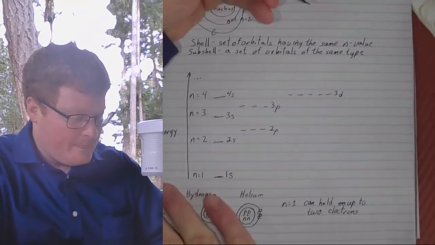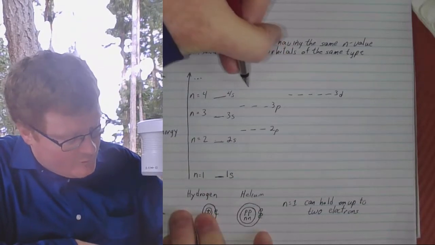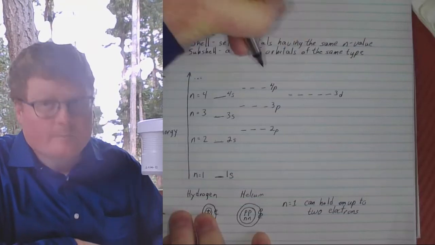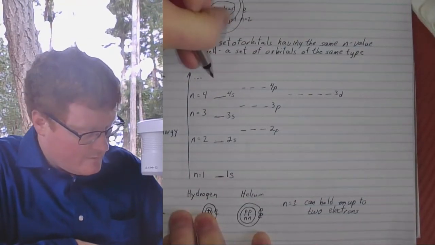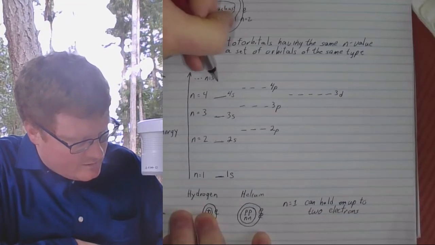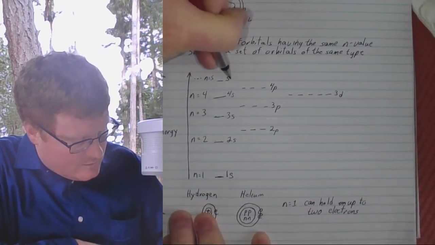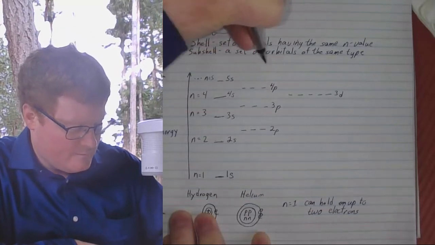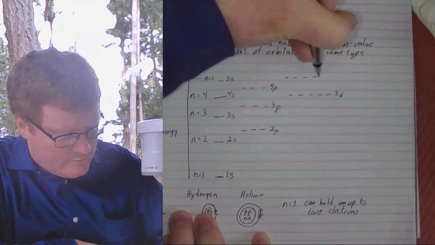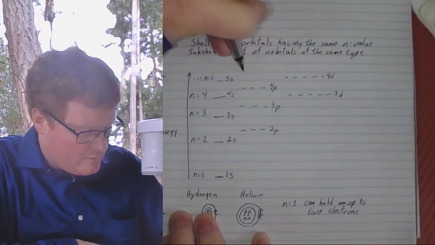After the 3d, we then get the 4p. 1, 2, 3, 4p. And it continues on. N equals 5, we get 5s. 4d, 1, 2, 3, 4, 5. 5p.